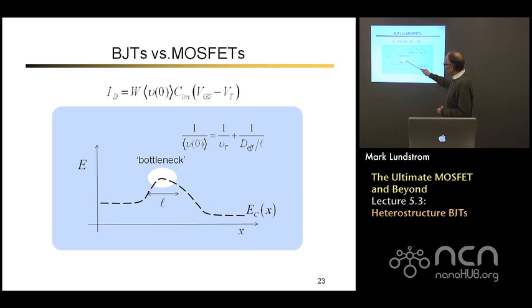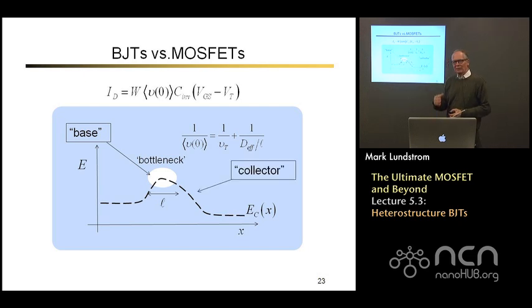In a MOSFET, we have this bottleneck near the beginning of the channel that carriers have to diffuse across. In a bipolar transistor, that's just the base that the carriers have to diffuse across. So we have something that looks like a base in both cases. In a MOSFET, we have a high field region in the channel near the drain that collects those carriers that diffuse across. In a bipolar transistor, we call that the collector. They're really the same device.